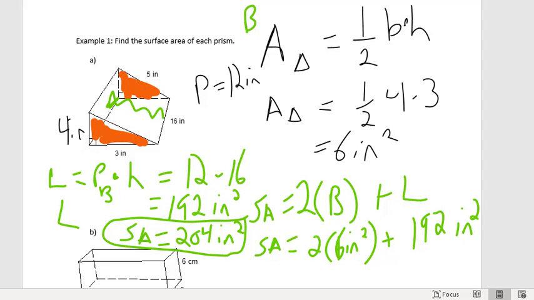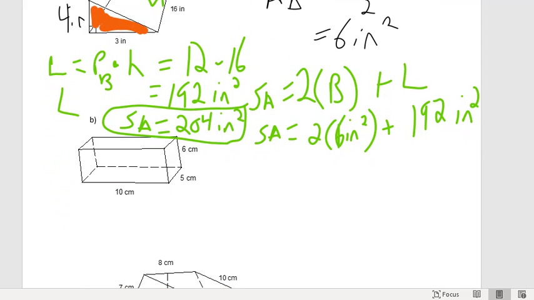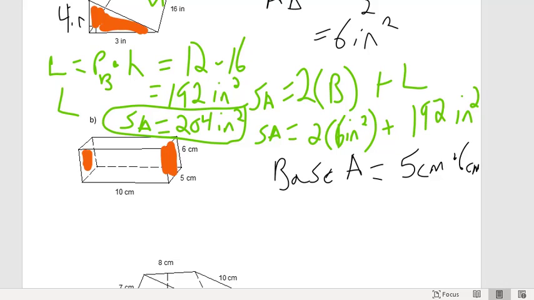All right, same idea with this next shape. Since it is a quadrilateral or rectangle on the base, so the bases are here. Since it's a rectangle, we would have a rectangular prism. So we can find our area of the base. It is 5 times 6, which is 30 centimeters squared.